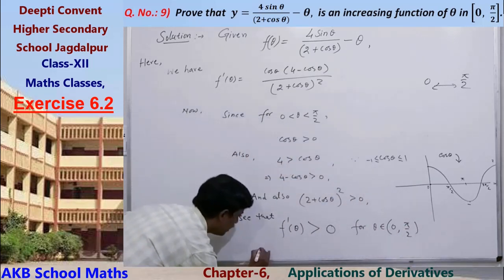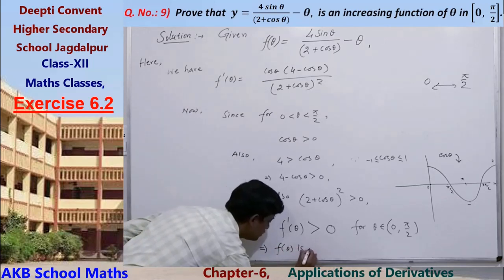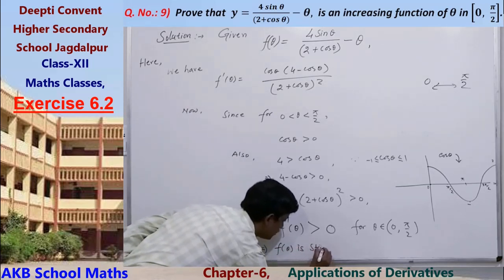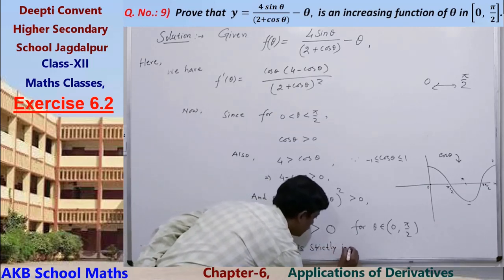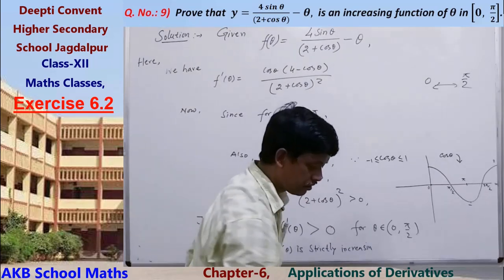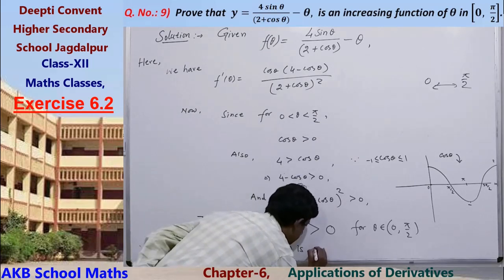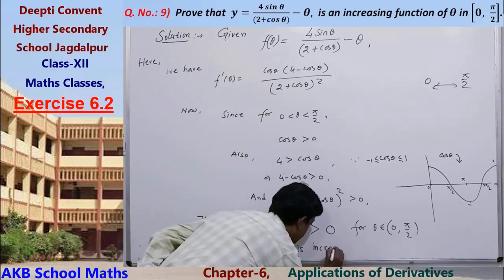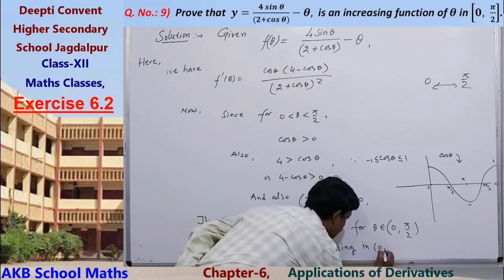That is, f theta is strictly increasing in 0 to pi by 2.